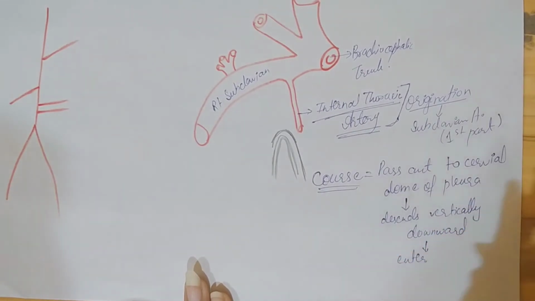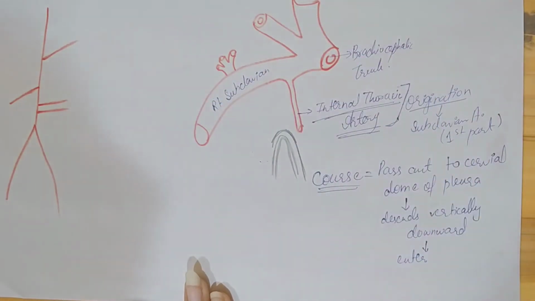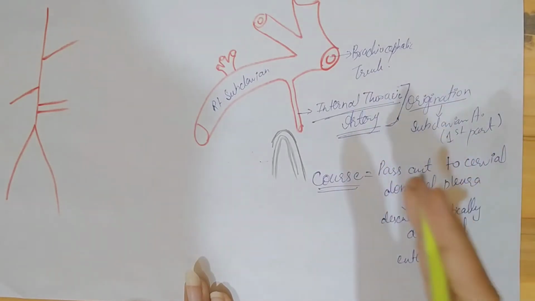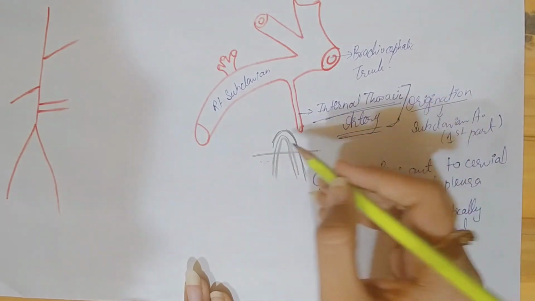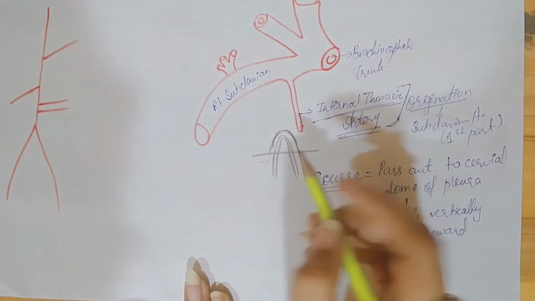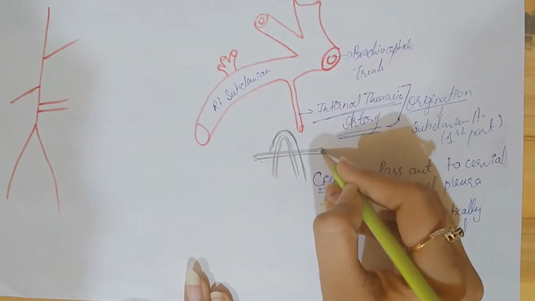As we know that the dome of the pleura is above the superior thoracic inlet, or that is called the thoracic outlet. Here we have the superior thoracic aperture.